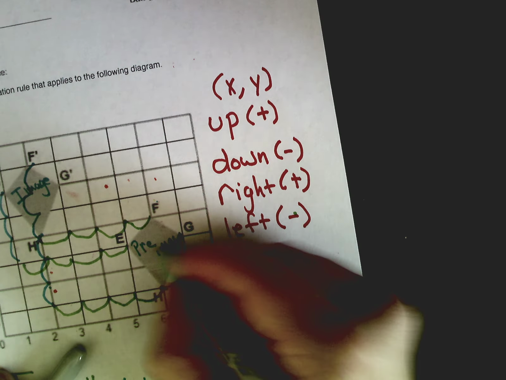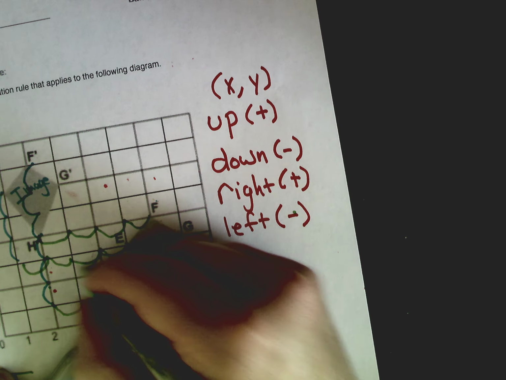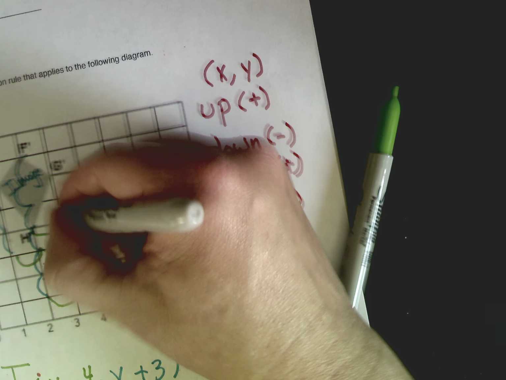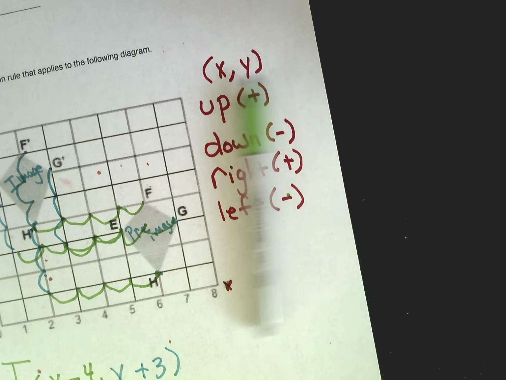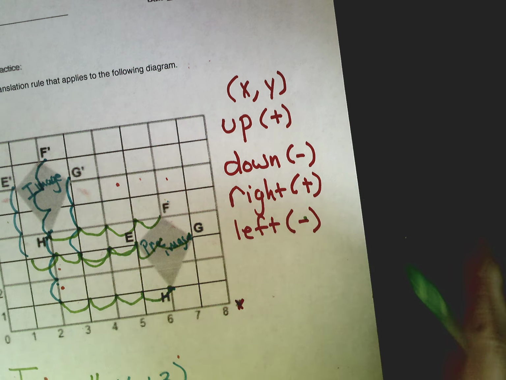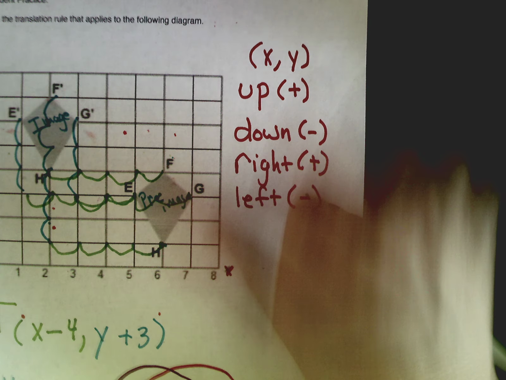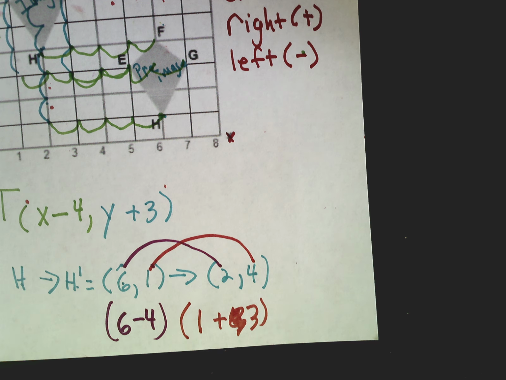Then I would move G over, 1, 2, 3, 4, and then up 1, 2, 3. And if you do them all one at a time, no matter how you move them, you're going to get the same formula. It's going to work out the same way.